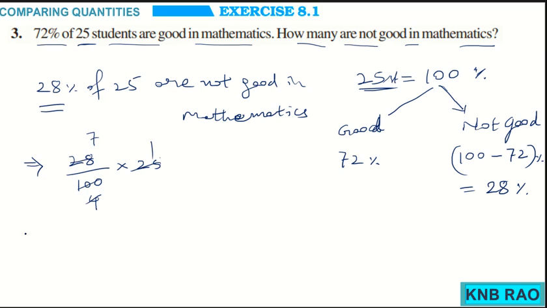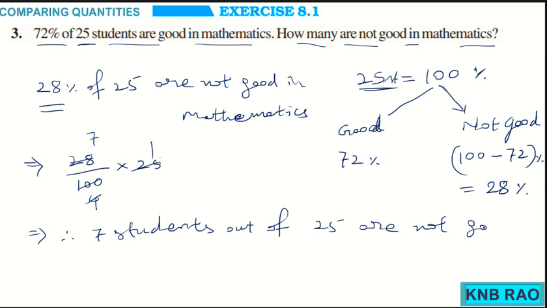So it gives the conclusion: 7 students out of 25 are not good in mathematics. This is how you can write the conclusion.